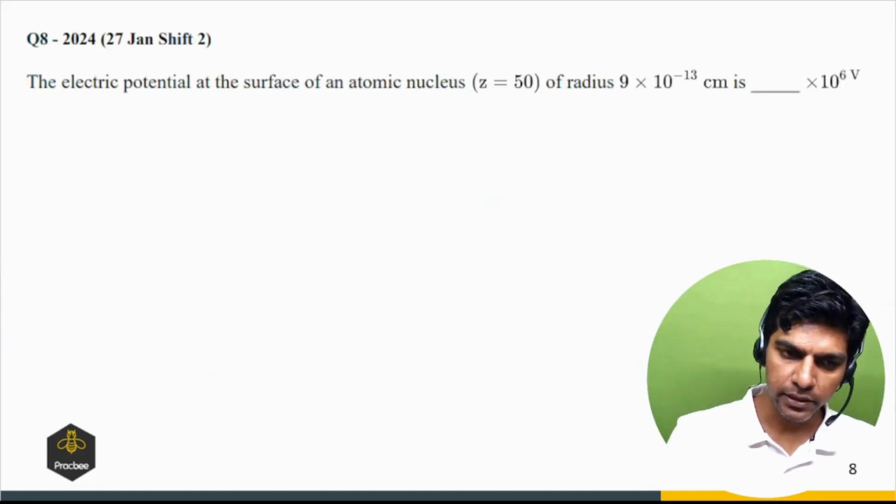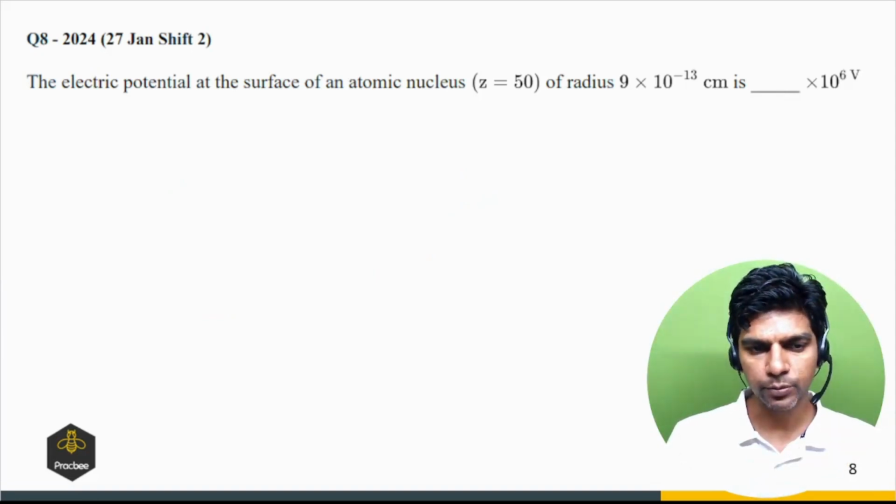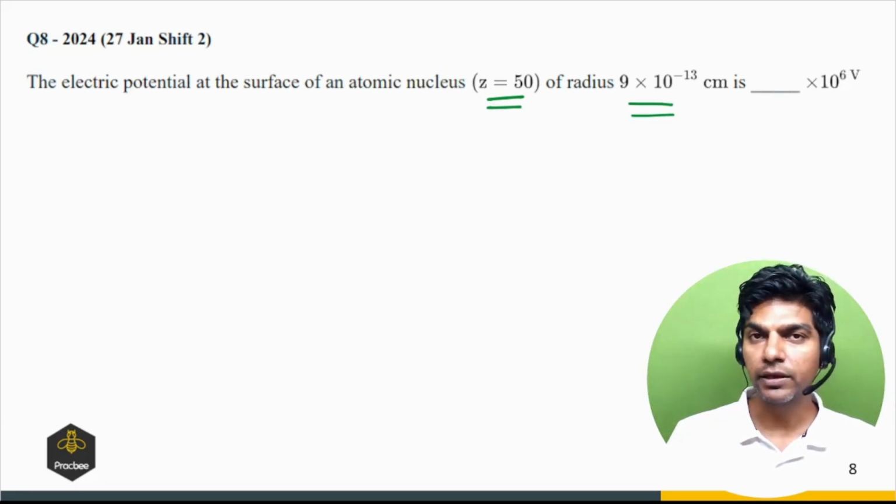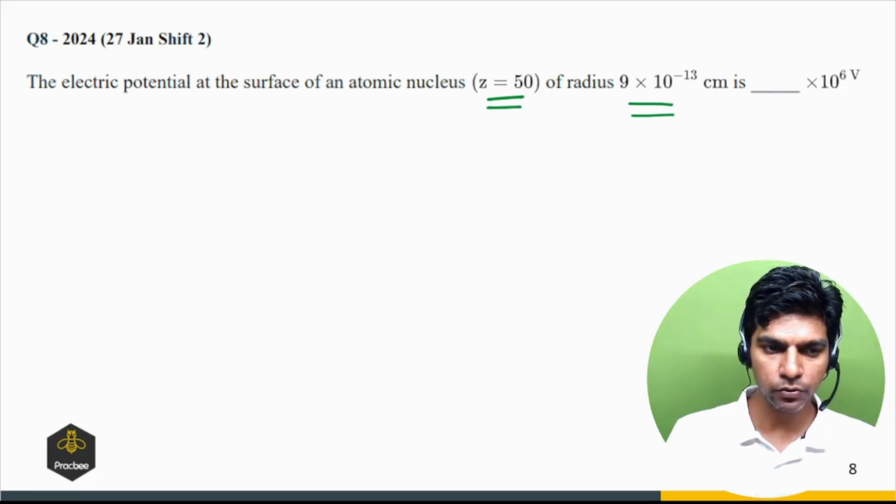Right, now let us see another illustration. The electric potential at the surface of an atomic nucleus of atomic number 50 of radius 9 into 10 raised to minus 13 centimeter is. So we have to find the electric potential. So what is the total charge?